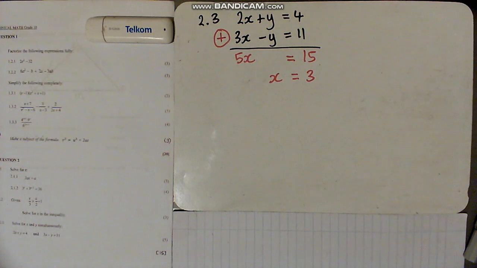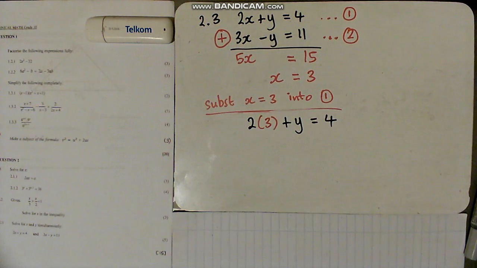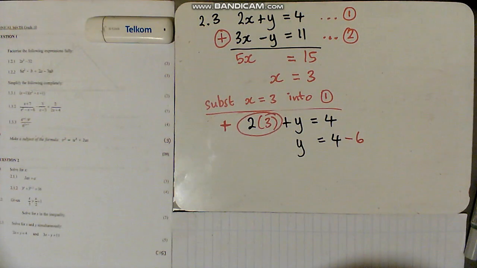I will then substitute that into equation 1. Substitute x is equal to 3 into number 1. We get 2 times 3 is 6, and take 6 over to the other side. Plus 6 will become minus 6. 4 minus 6 is equal to 2, so y is equal to minus 2.